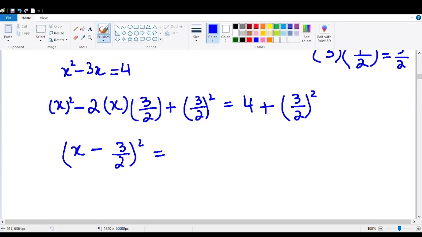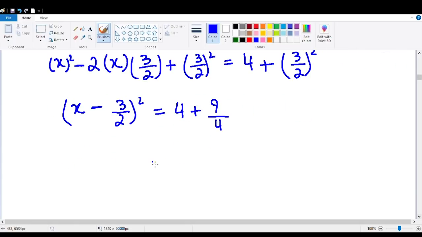Now we're going to expand this, so plus 3 squared is 9, 2 squared is 4, and now we're going to simplify this, so we can just write equals 4 plus 9. You take the LCM, it'll be 4. 4 is the LCM, and over here, as you can see, there's nothing, so there's 1. So first we're going to divide by this denominator, so 4 divided by 1 is 4.